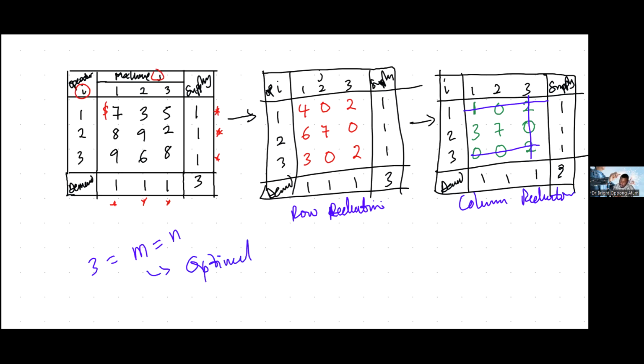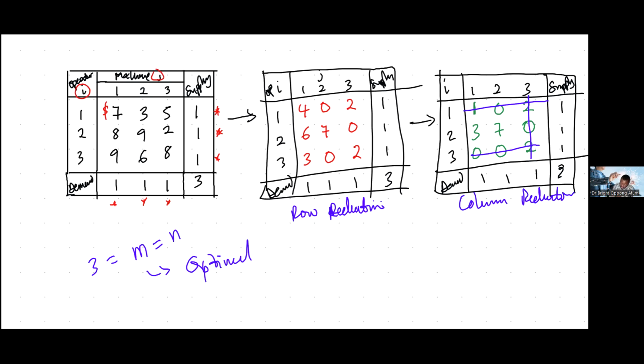So how then do you allocate your resources or your operators to the machines? How do you do the assignment? When you come to the one with the least zeros, you start from that.